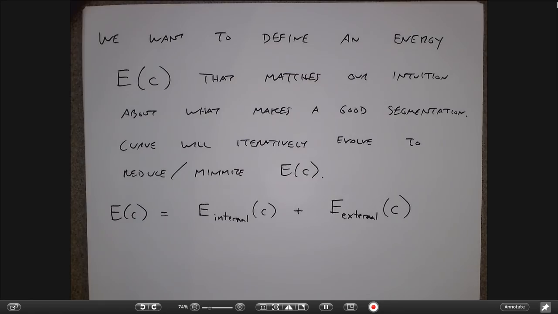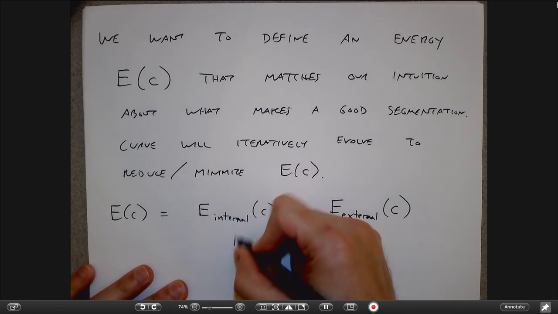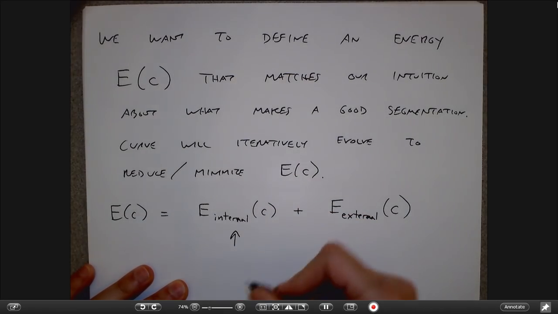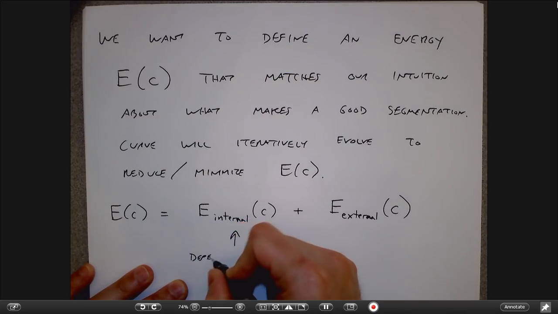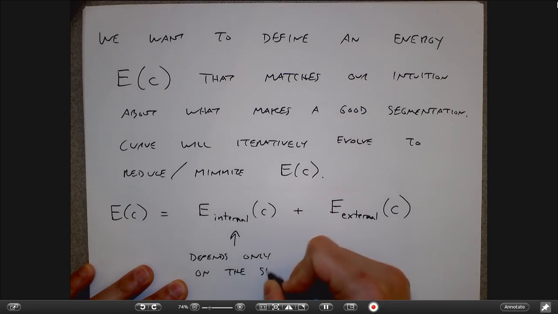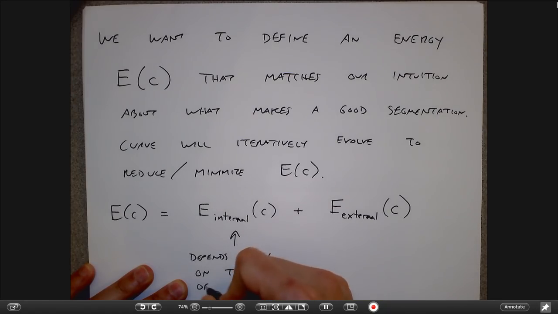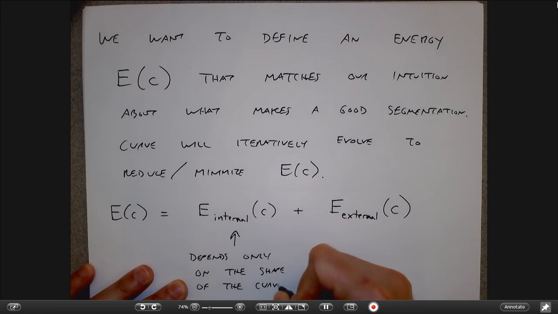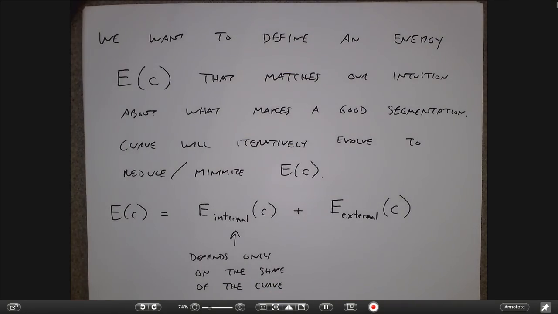The internal part only depends on the shape of the curve. So the idea is that, independent of the image, how nice is this curve? This is going to encapsulate our idea that curves should not be too squiggly, too wiggly. So this is saying how good a curve is in general.